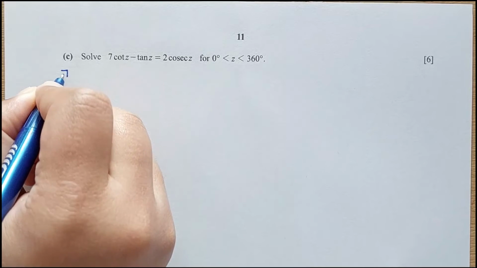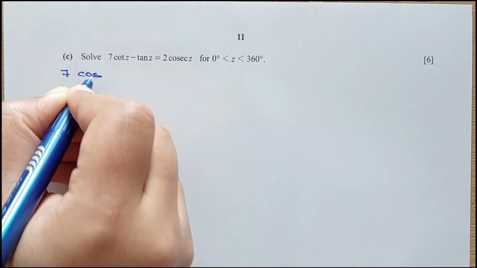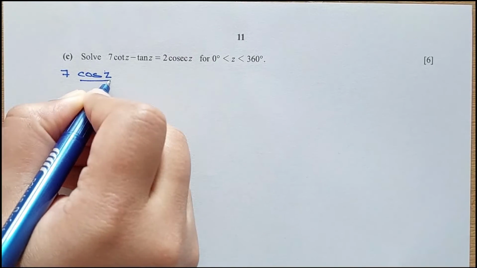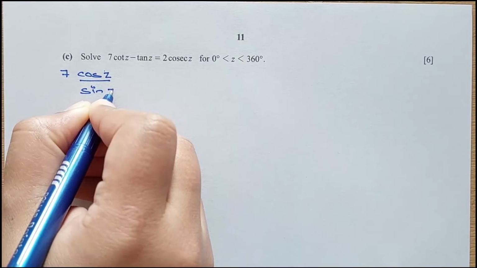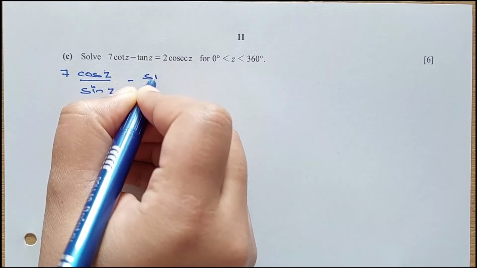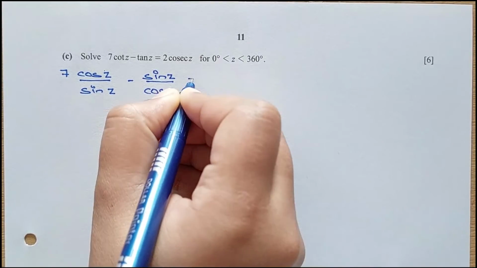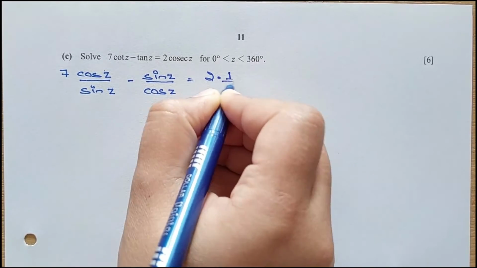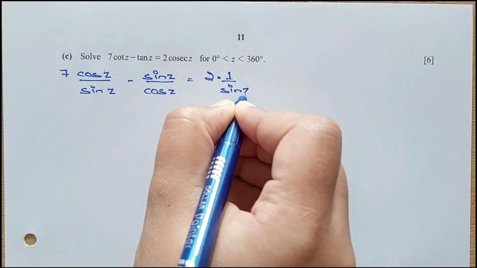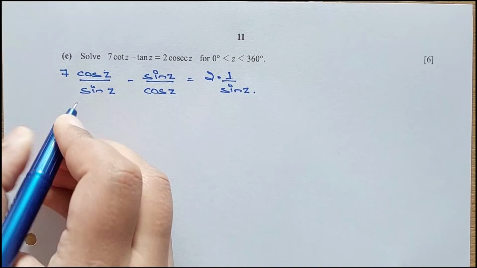So let me rewrite z. Cot is cos z over sin z, minus tan is sine by cos, and 2, and cosecant is 1 by sine, right? Okay, let me take the LCM.